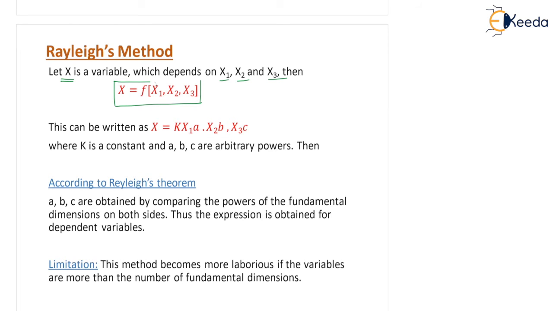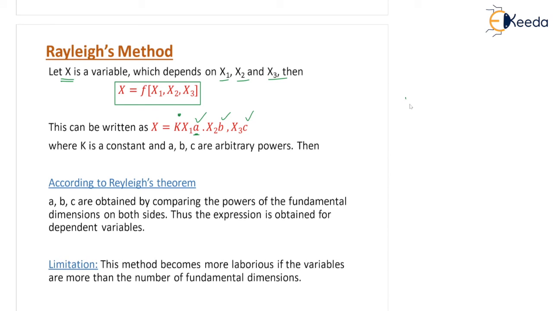This can be written as x equal to a constant k into x1 to the power a, which is an arbitrary power, like a root or 1 by 2, 2 by 3. So this is k x1^a into x2^b into x3^c. That means a, b, c are just the powers.